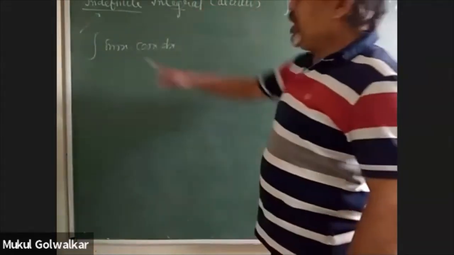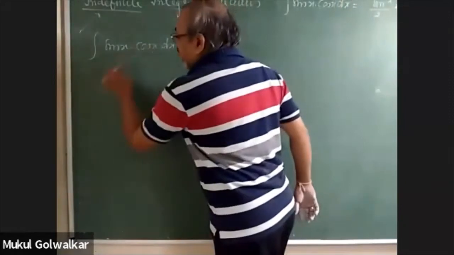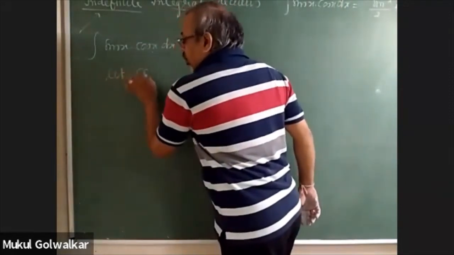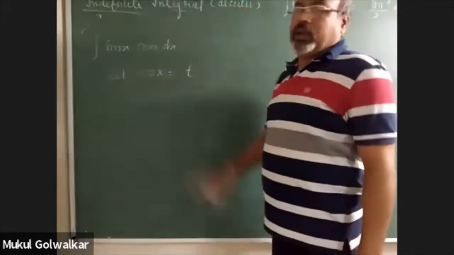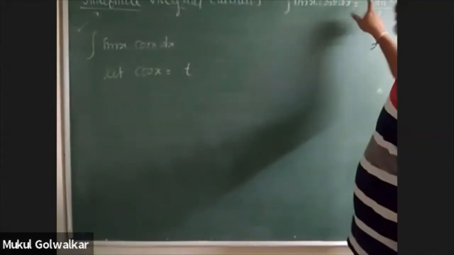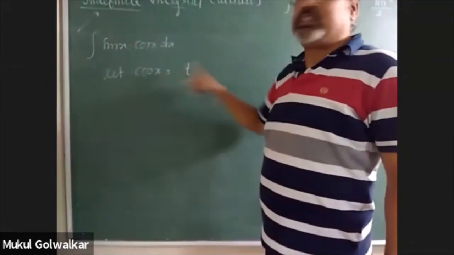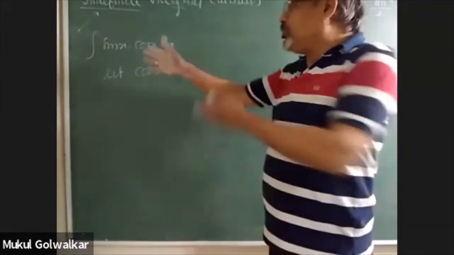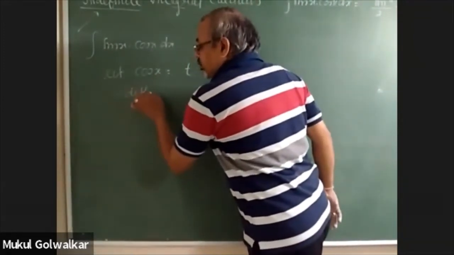I am writing sin x cos x dx, and as one of the students said, if I assume cos x as the variable t now; in the previous method I wrote sin x as the variable t, and this time I am writing cos x is equal to t. Suppose this is the variable, then what happens? Differentiate with respect to x.